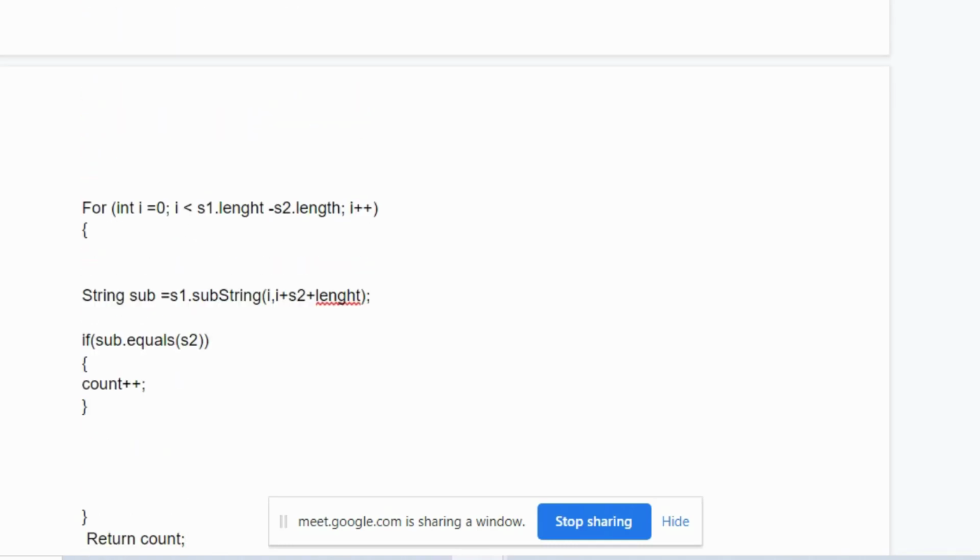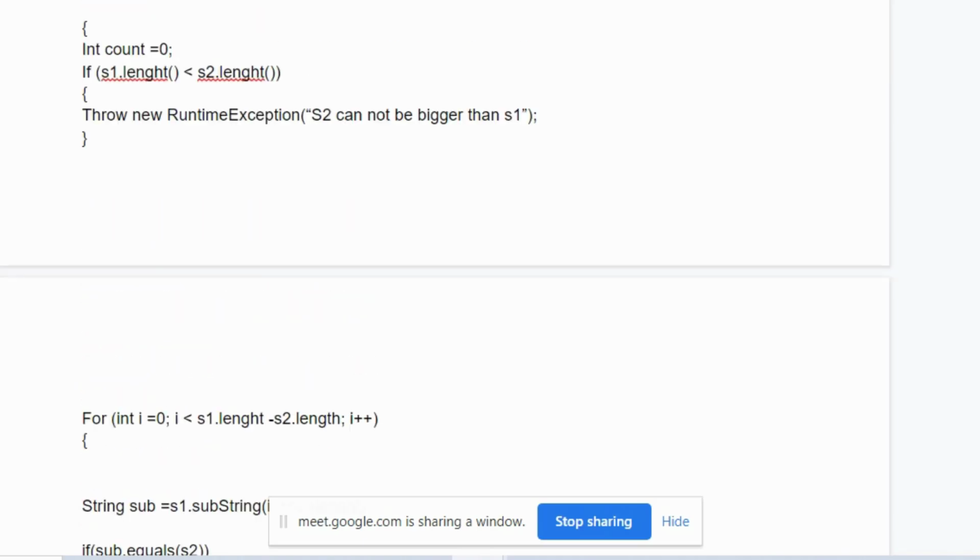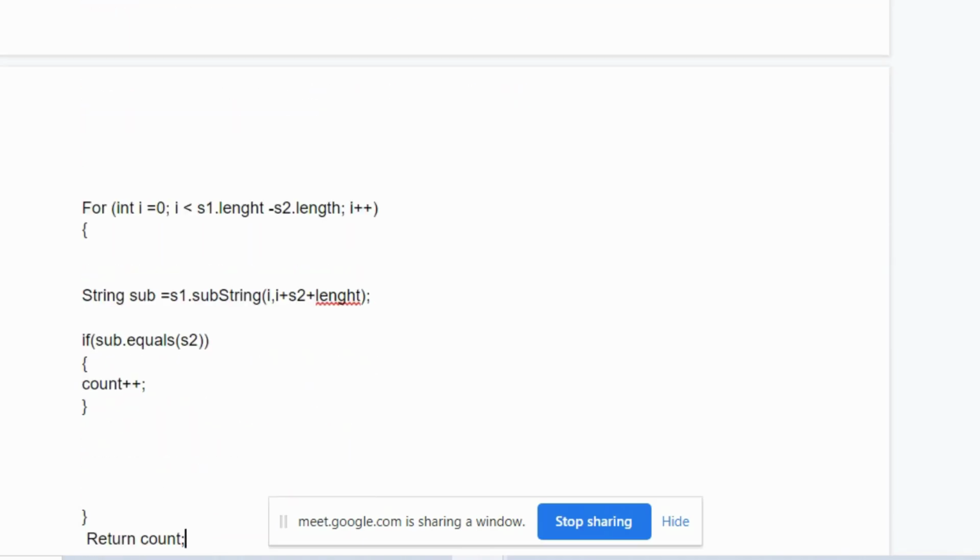I believe this will solve the purpose. I told you, you can't use any string inbuilt APIs.